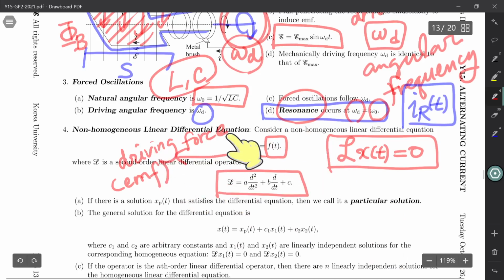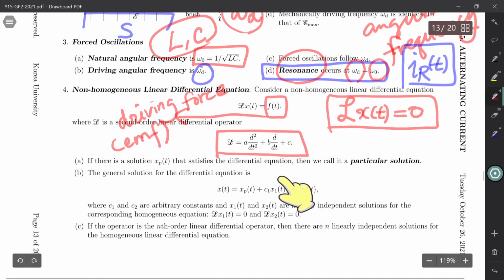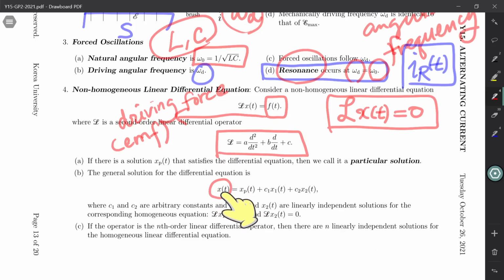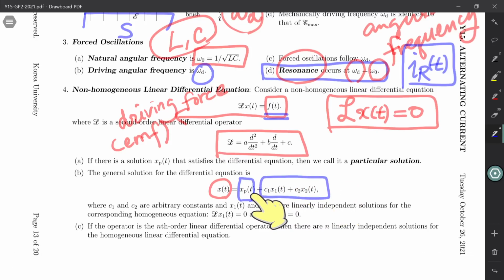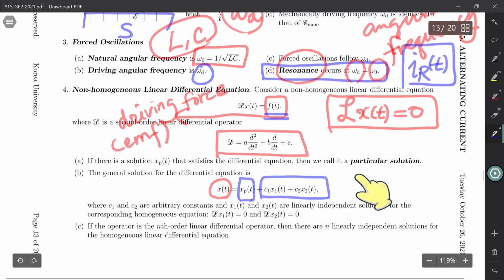That gives rise to additional potential, external potential. The general solution to this equation is the sum of the particular solution that gives correct value for the right hand side, added by a linear combination of two linearly independent solutions, x1 and x2, that are the solutions for the corresponding homogeneous equation.